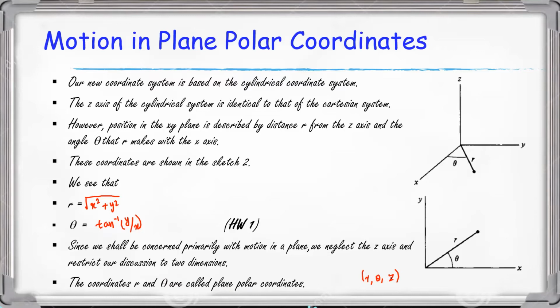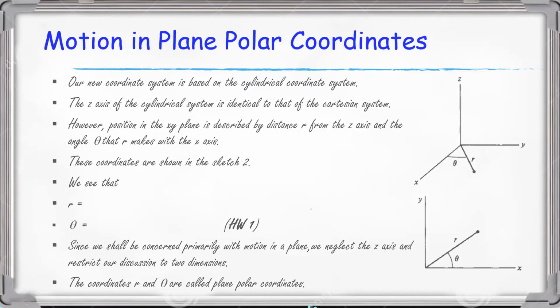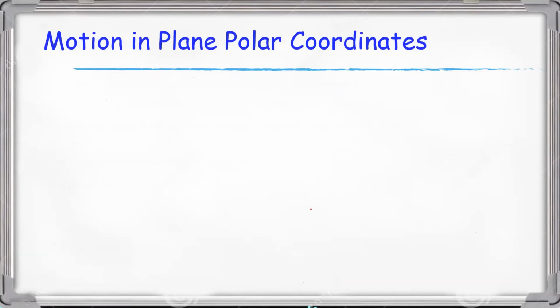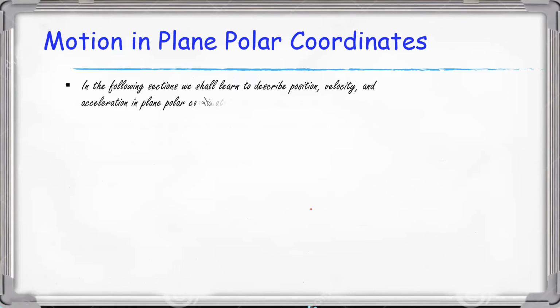If we neglect z or we take only two coordinates, r and theta, then it is plane polar coordinates. And in the following sections we will learn the motion.